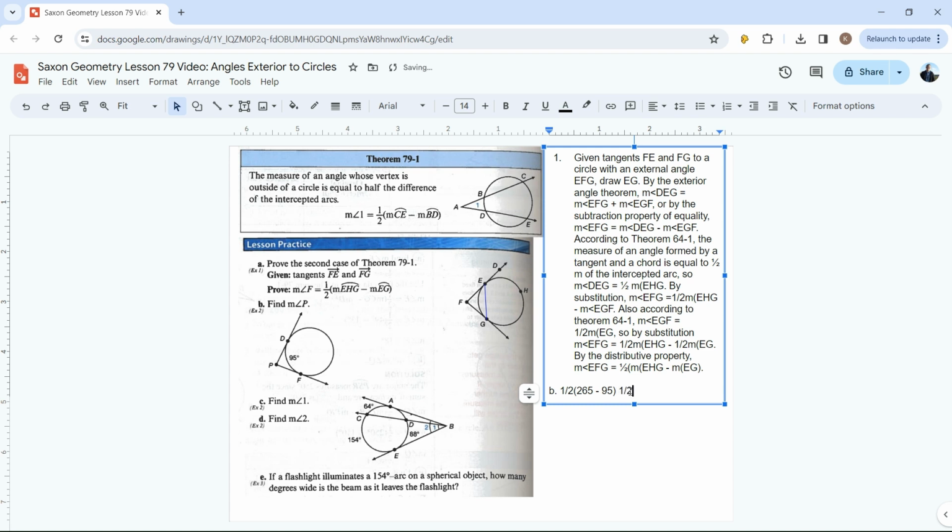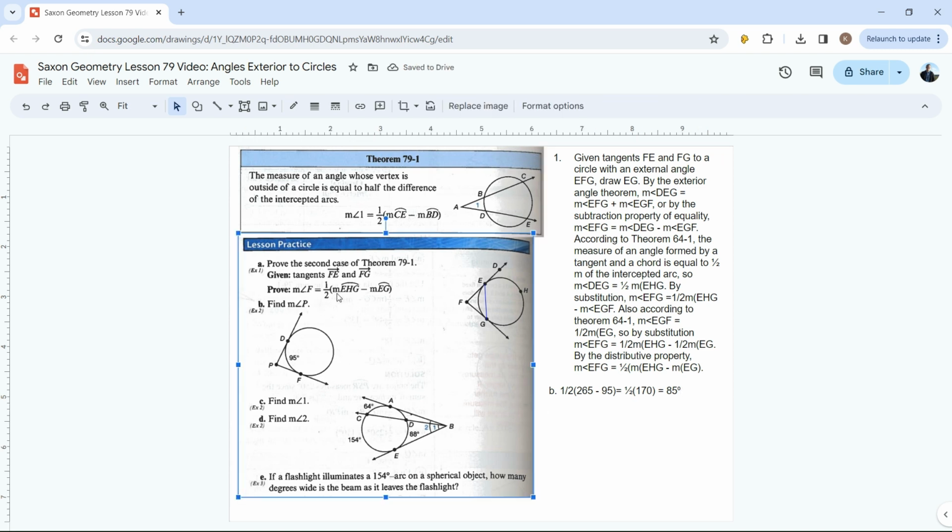Okay, so this is going to be 1/2 times 170. 1/2 times 170 is 90. Nope, 85. It has to be 85. So we should have a measure here of 85 degrees. Let's just make sure we did this one right. The measure of angle P, 85 degrees.